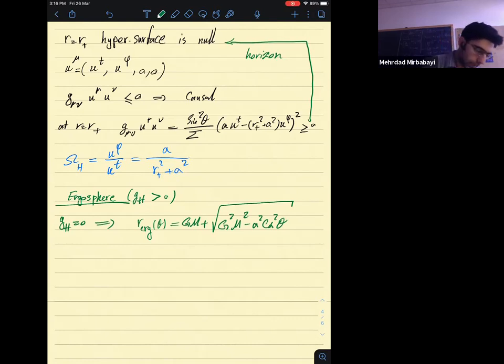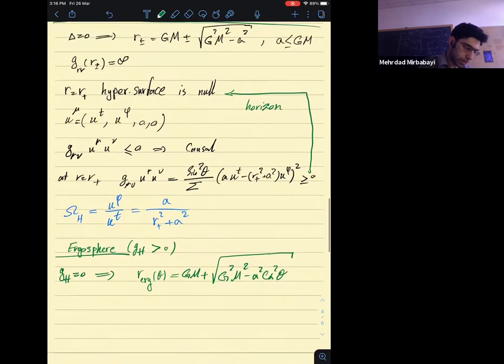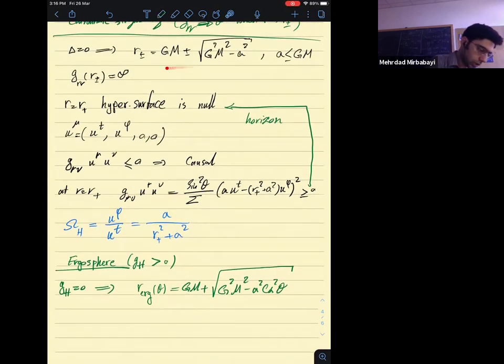It depends on theta. Now you can also compare it with R plus. If you compare it with R plus, you see that at theta equals 0 and pi, they coincide, but for different thetas, the ergosphere is at a larger radius compared to R plus.